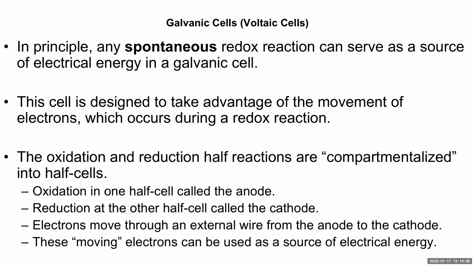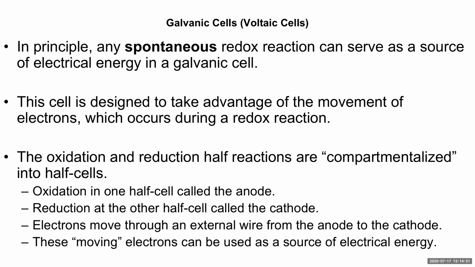So anyway, the cell design, these so-called galvanic cells, take advantage of the movement of electrons that occurs during a redox reaction. And that's where the energy comes from. So the way we do this is that we compartmentalize the reactions that are going on. So we have two compartments.